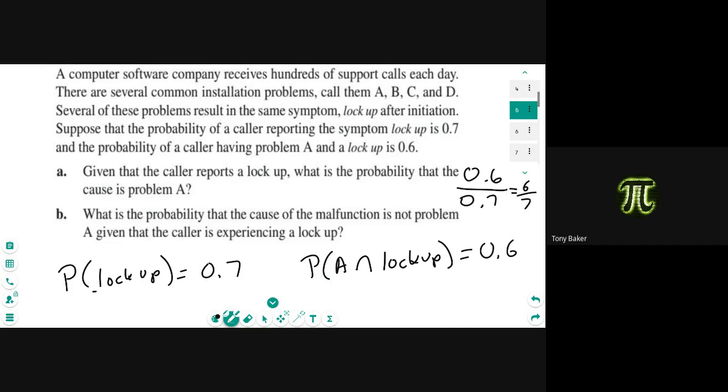It's actually pretty high. So if they're calling me up and telling me their system's locked up, I'm going to assume it's A. And if it's not, then I'll go to the other ones, because there's an 85% chance of getting it right.